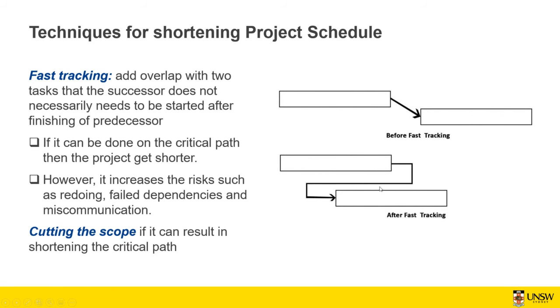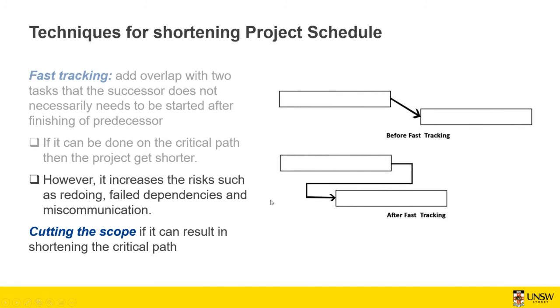You can have some lead time here, as we discussed before, and then you can start this task earlier, so you got more time and you can also shorten the project schedule. If it can be done on the critical path, then the project gets shorter. However, you need to consider that there are some risks, such as rework, failed dependencies and miscommunication.